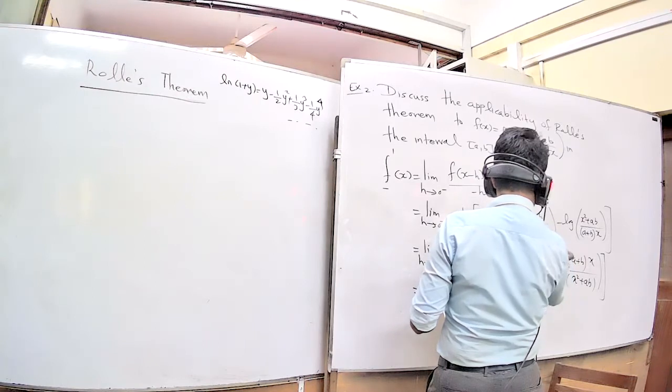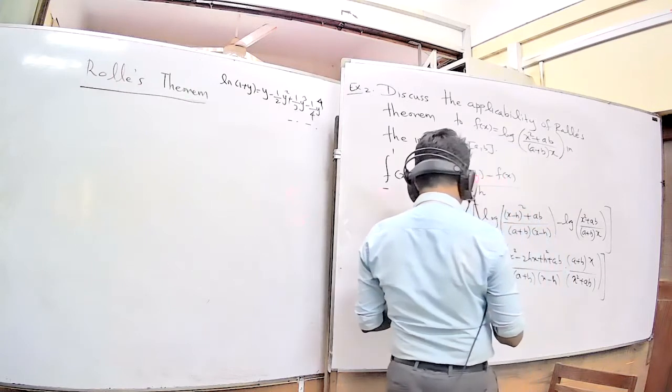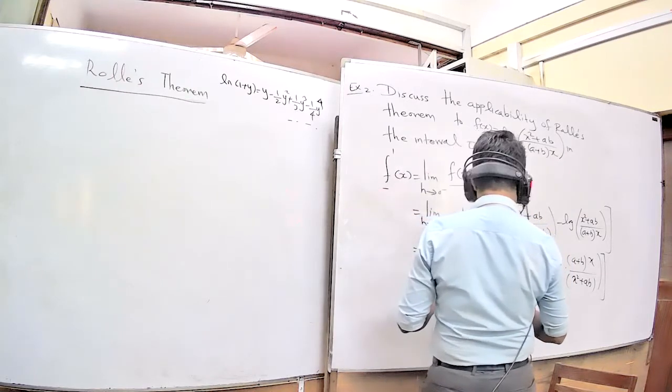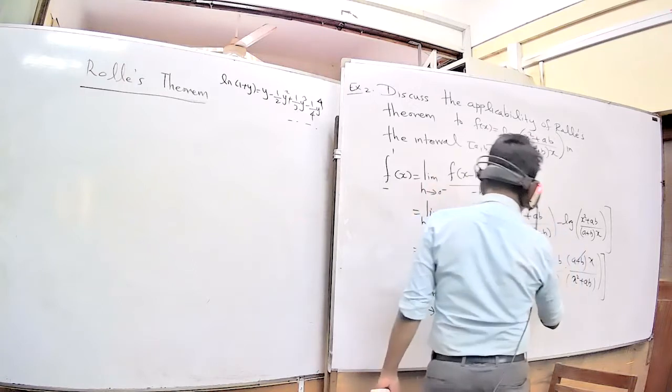You can take the x squared plus ab terms and cancel this term, then you can take this one here and this one here.